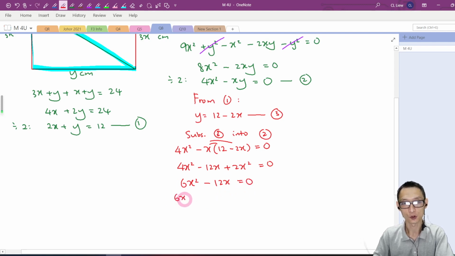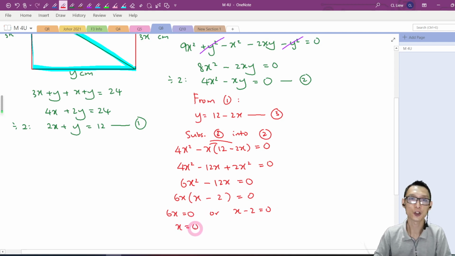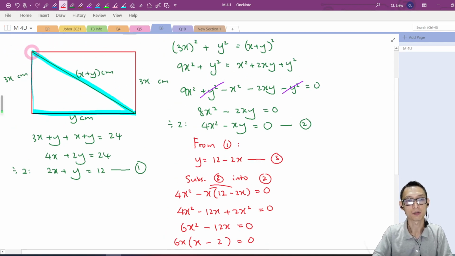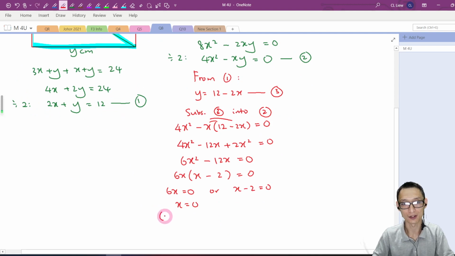So here just do some factorization. 6x(x minus 2) = 0, so 6x is equal to 0, or x minus 2 is equal to 0. So from here, x is equal to 0, but this one we cannot accept. Why? Because if x is equal to 0, then the width will become 0. So this is not accepted.